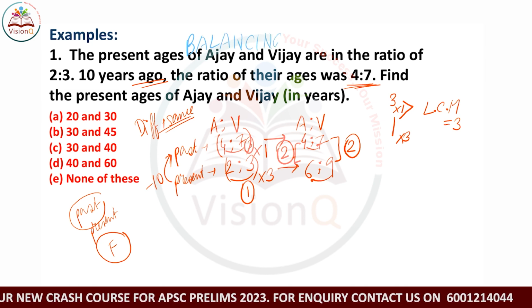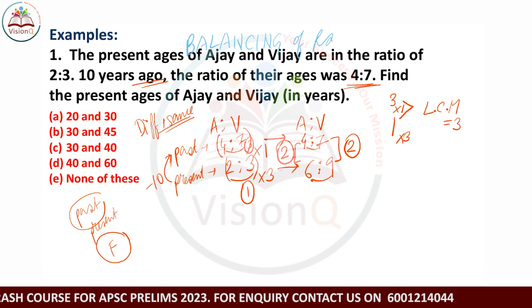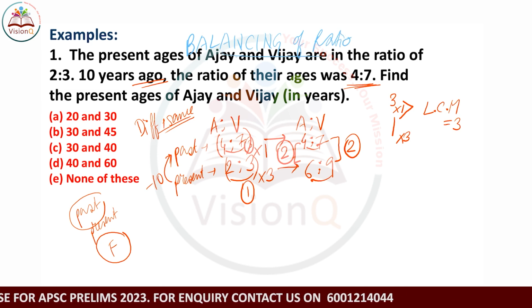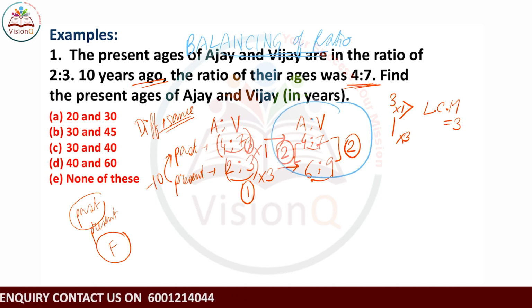That means I have to make the ratios balanced. Balancing means what? To make the difference equal. Now these ratios are balanced because the difference of these ratios is same, 2 and 2. Now the gap between past and present is 2 for both these persons as per ratio.